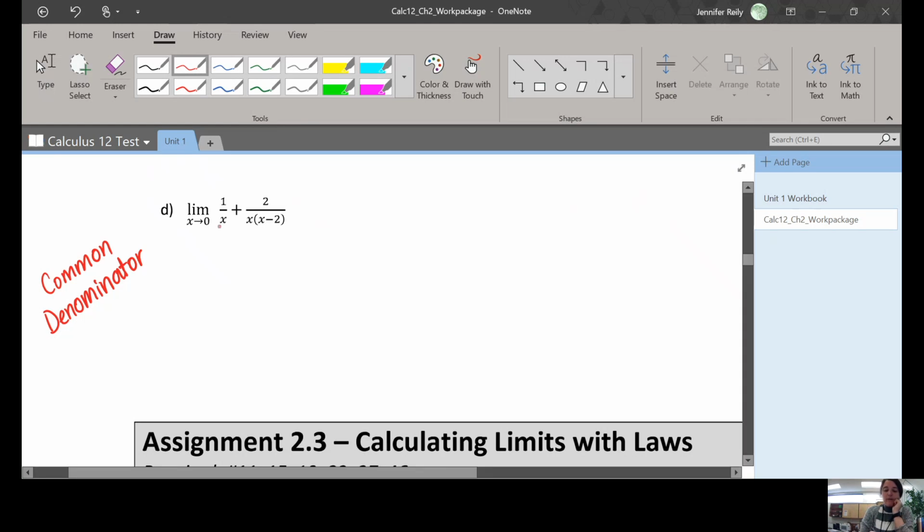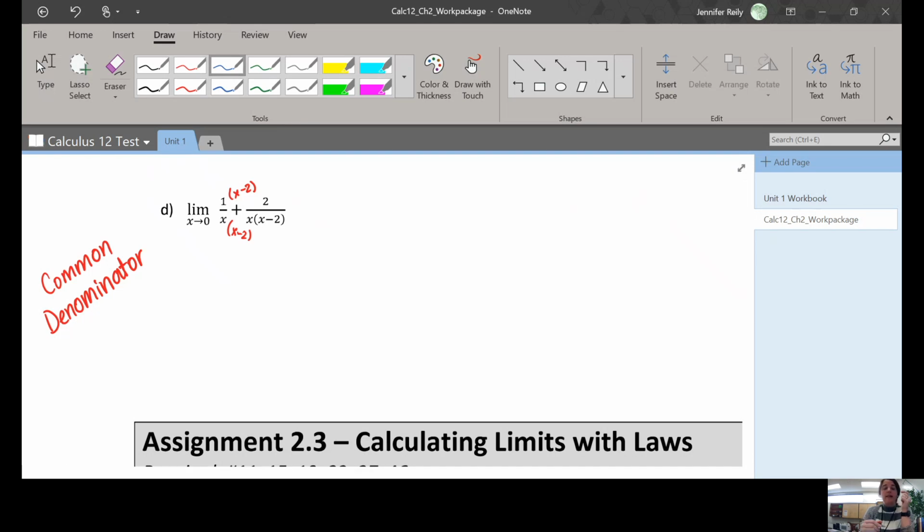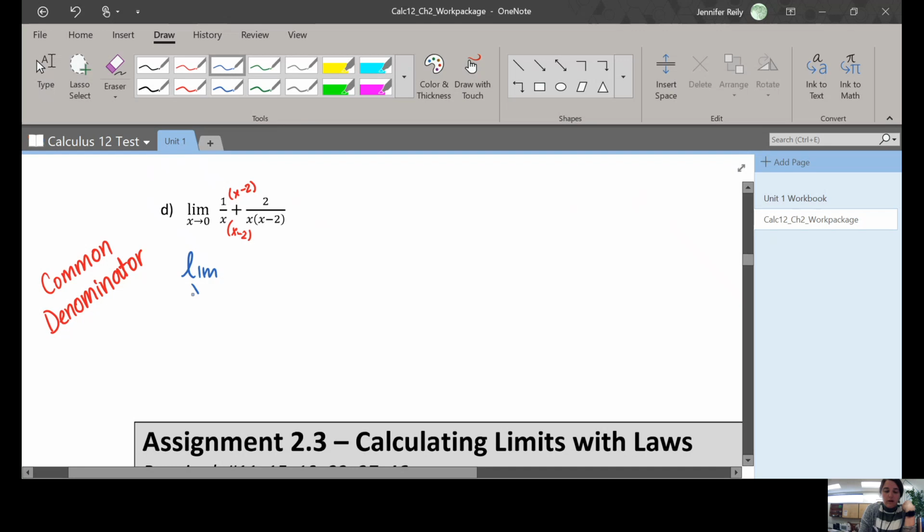So notice the denominators both have an x, but the first one's missing the x minus 2. So we're going to multiply the denominator and the numerator by x minus 2. That's okay because that's like multiplying by 1, so it's not changing the function at all. We haven't evaluated the limit yet, so we still write it. So we get x minus 2 on the top, x minus 2, and then this fraction is x minus 2.